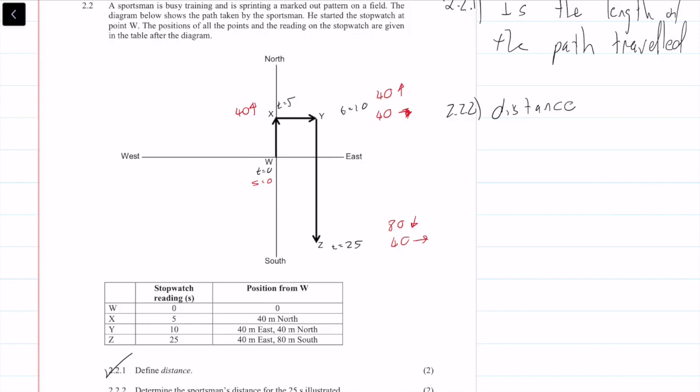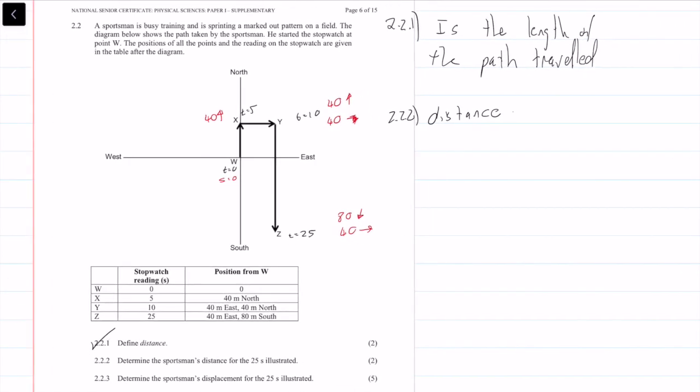So from W, we want to say this is equal to the distance traveled from W to X plus the distance from X to Y plus the distance from Y to Z. The distance from W to X is 40 meters plus the distance from X to Y is also 40 meters plus the distance from Y to Z is 80 meters, and so we get a total distance of, wait, I've missed one. Remember the distance traveled.